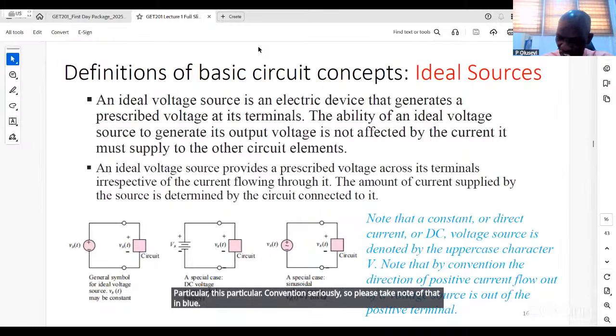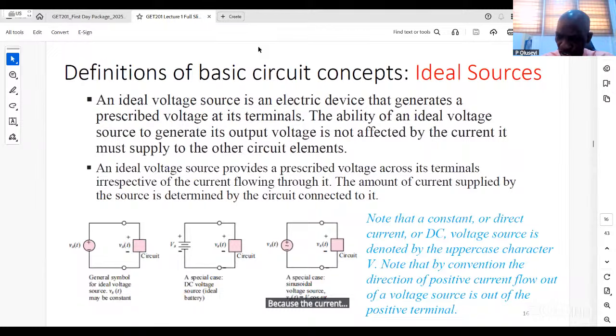The convention is that the current flows out from the positive terminal of the voltage source. By now you should have finished copying the note. I want to move to the next slide.